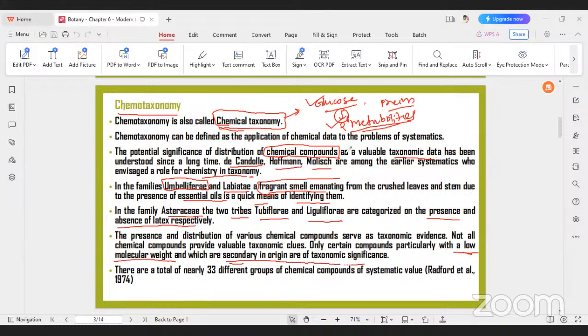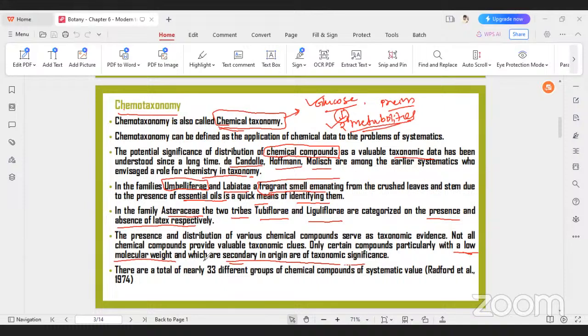That means the primary metabolites are not used as taxonomic aid, because the primary chemicals are almost the same in all plants. But after utilization, when secondary metabolites are produced, they are different.